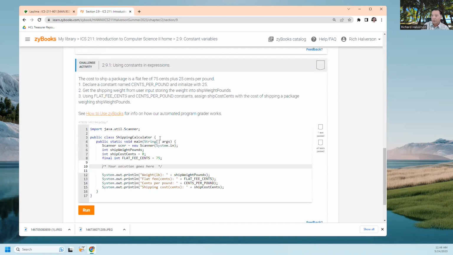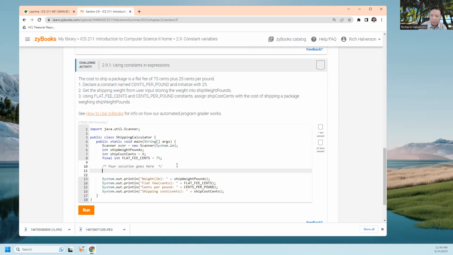Here's a challenge. The cost to ship a package is a flat fee of 75 cents plus 25 cents per pound. Declare a constant called cents per pound and initialize it to 25. Final. We're doing everything in cents, not dollars, so it's an int.